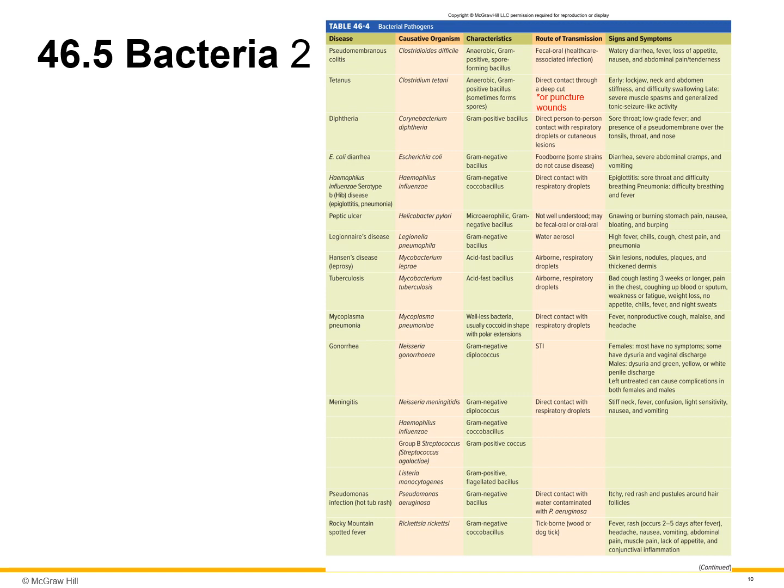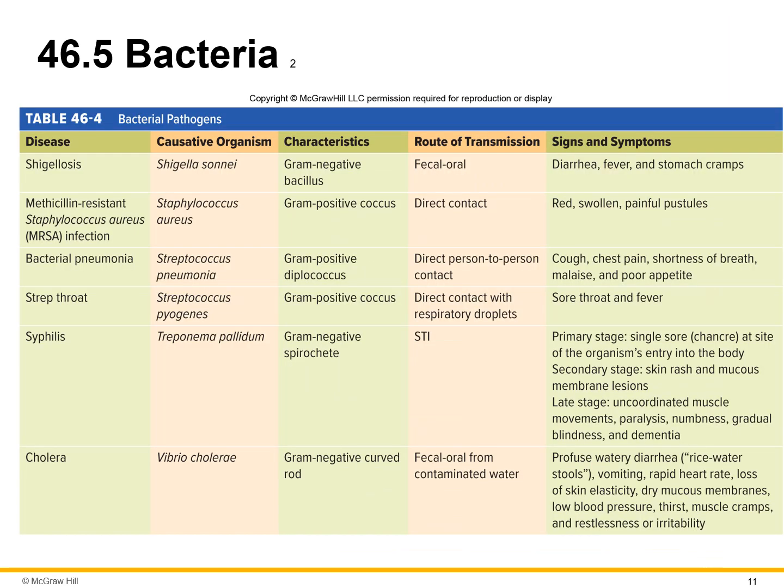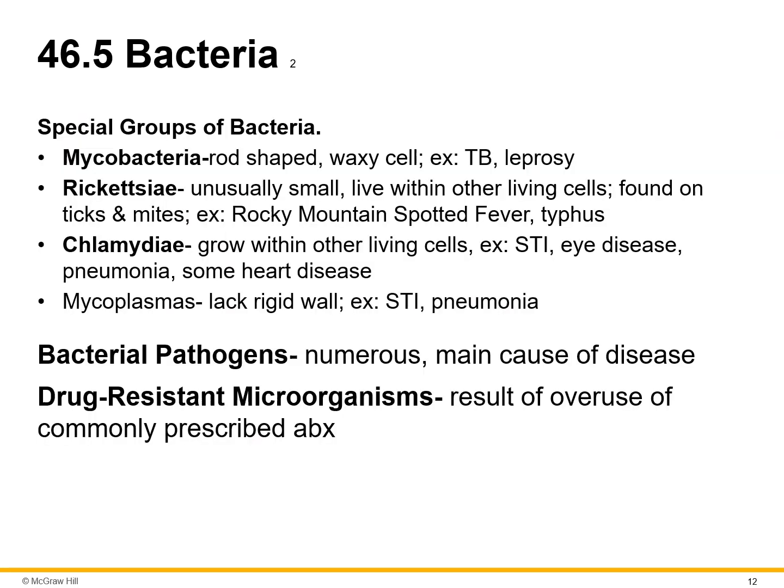Lots of different kinds of illnesses. But again, if we can identify the bacteria, we can identify what medicine is going to be effective in treating that disease. Shingles, bacterial pneumonia, syphilis, strep throat, cholera again.